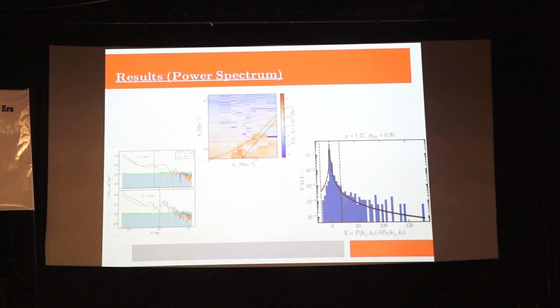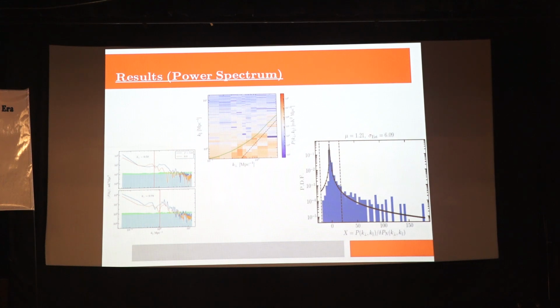If these modes were completely dominated by system noise, we would expect this to follow a Gaussian distribution with around 0 mu and sigma equal to 1. But we see that we get a positive mean from this region, and also this positive tail, which indicates that the modes that we are selecting are still systematic and foreground dominated.